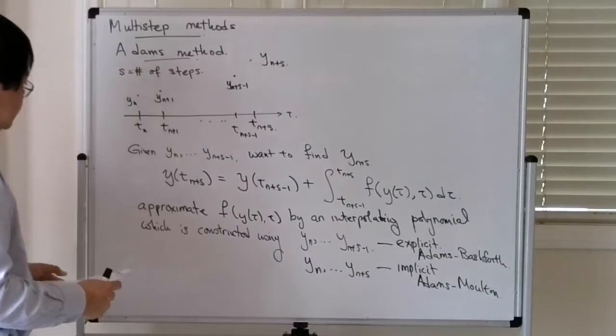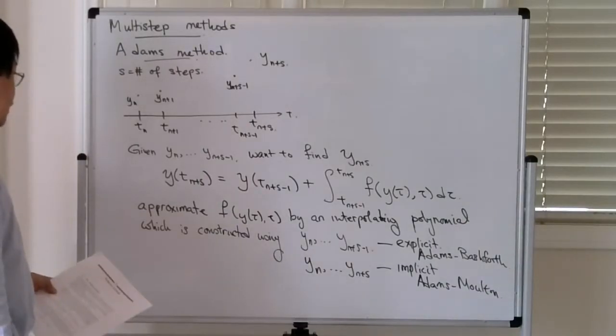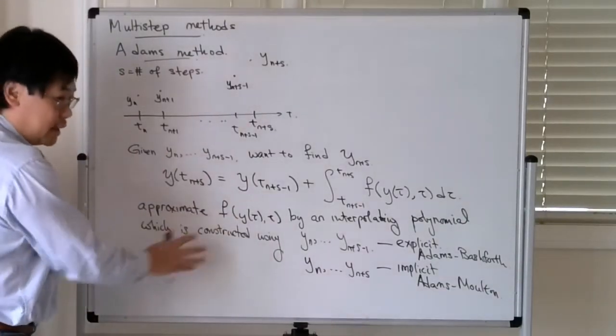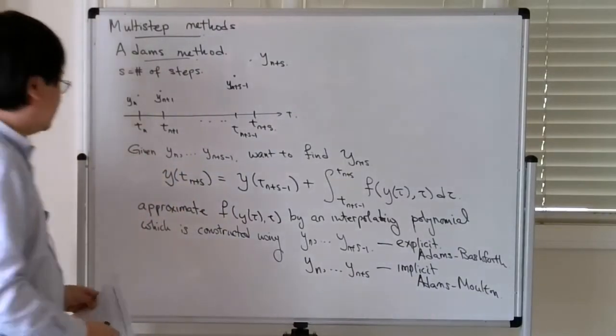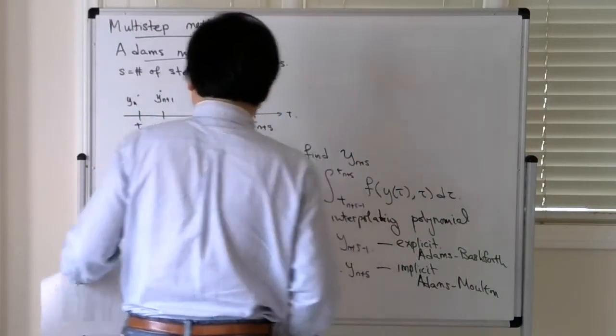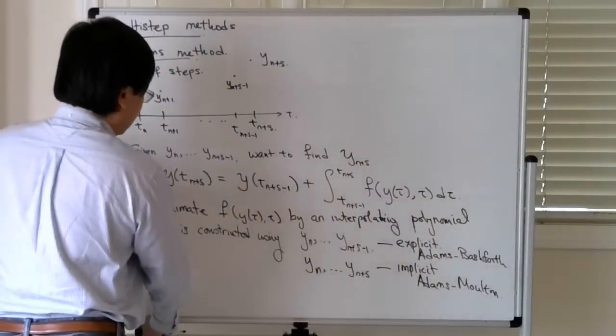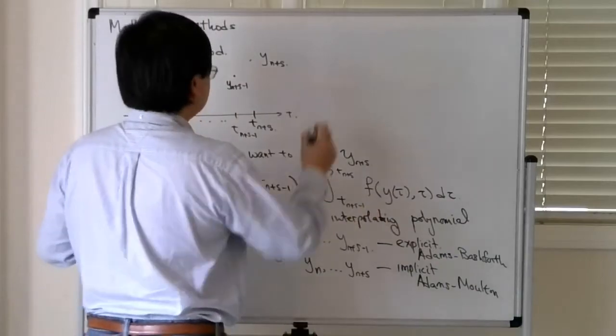Okay, so let's see how you can take this basic idea for a numerical method and then realize it in practice. Okay, so again, as a reminder, you want to apply the fundamental theorem of calculus.